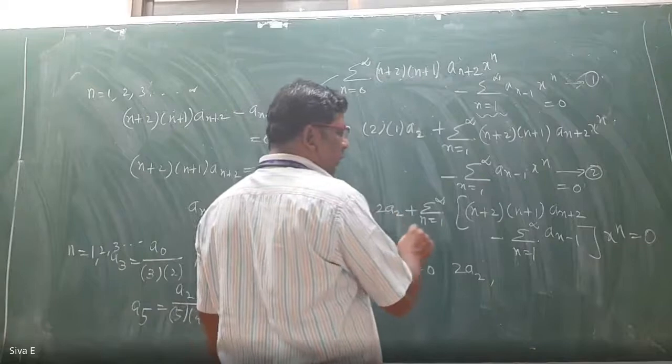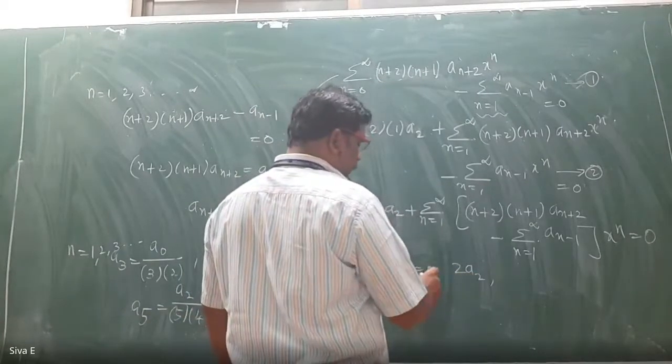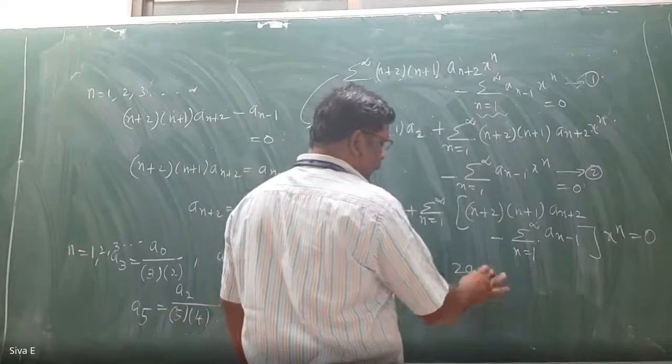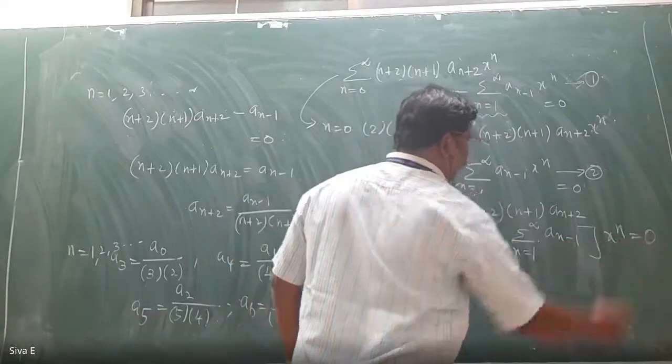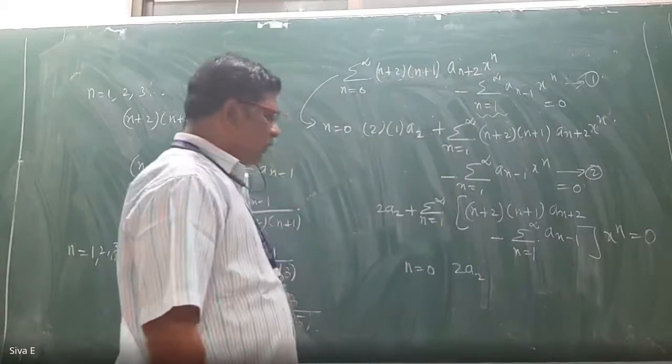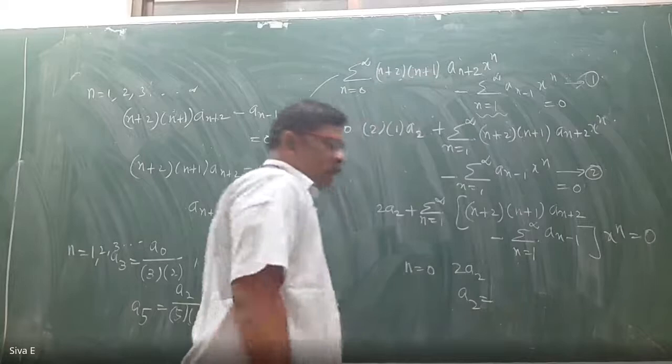Here, listen. When n equal to 0, we can write 2a2, but that is equal to 0. Then what happened to a2?